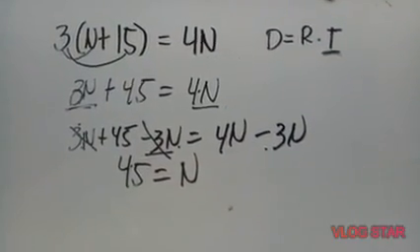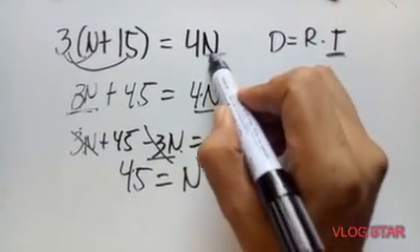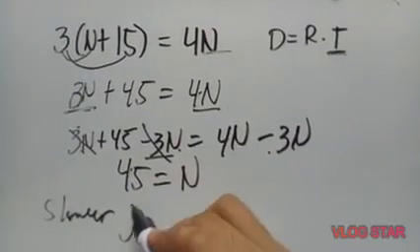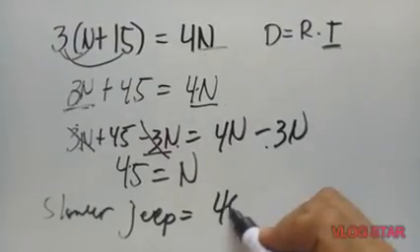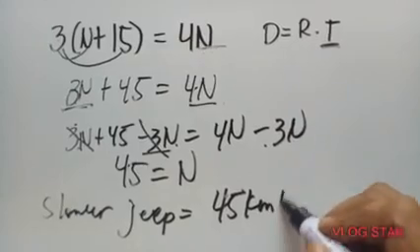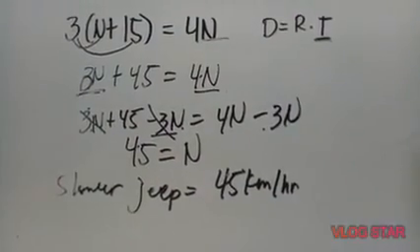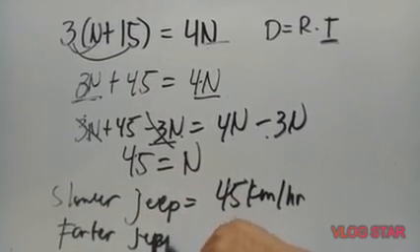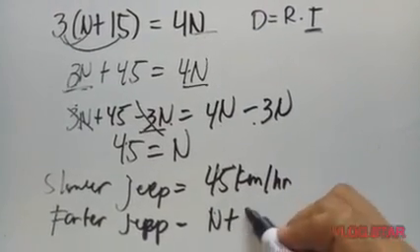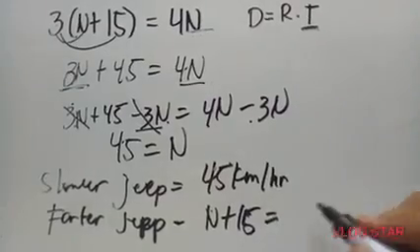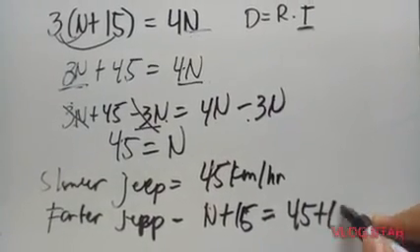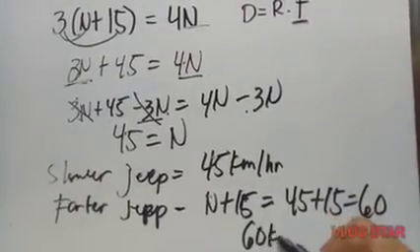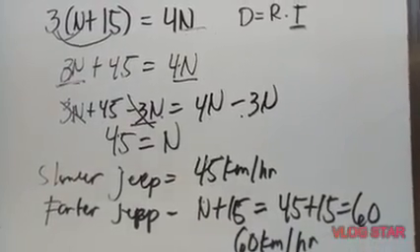So this means that the rate of the slower jeep is equal to 45 kilometers per hour, while for the faster jeep, since it is n plus 15, then 45 plus 15 is equal to 60, or 60 kilometers per hour.